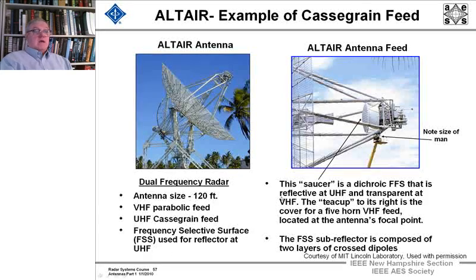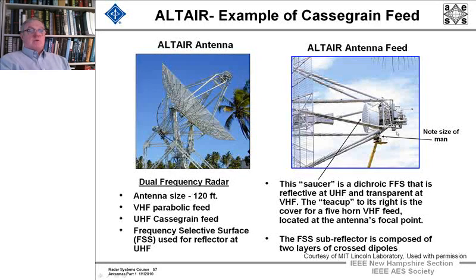Okay? Now notice, this is a blow up of that little area up there, which isn't little. And here's a man on a crane, brave fellow. And this is the dichroic front surface reflector that's reflective at UHF and transparent at VHF.